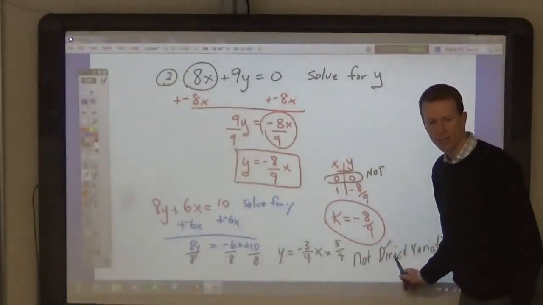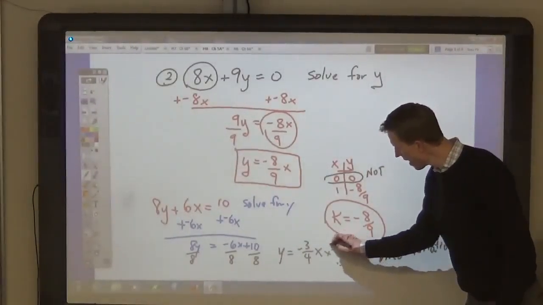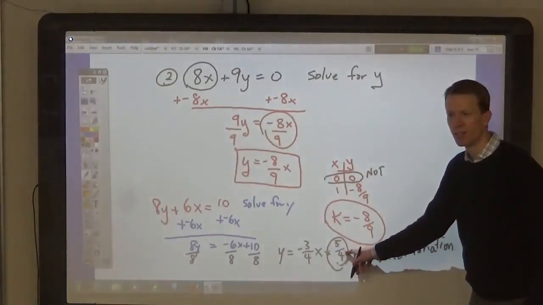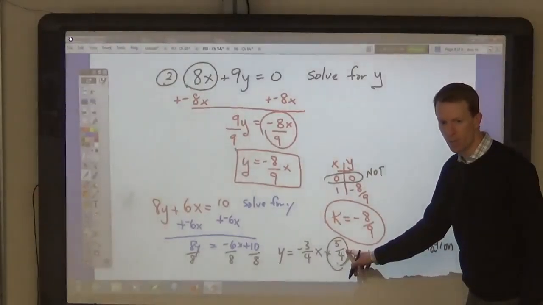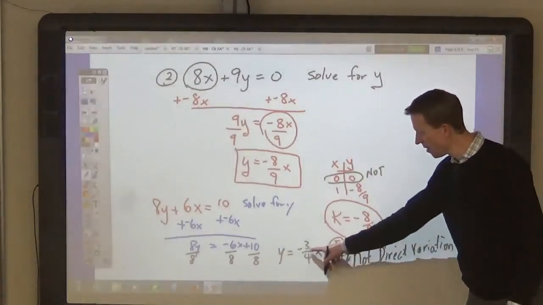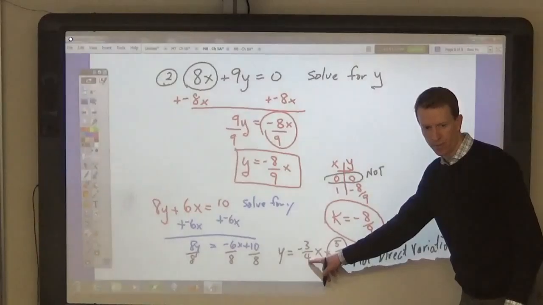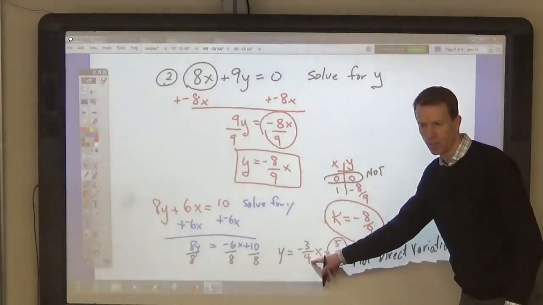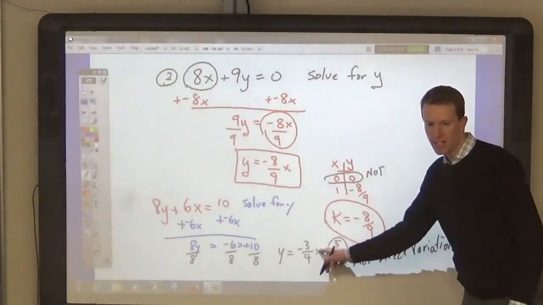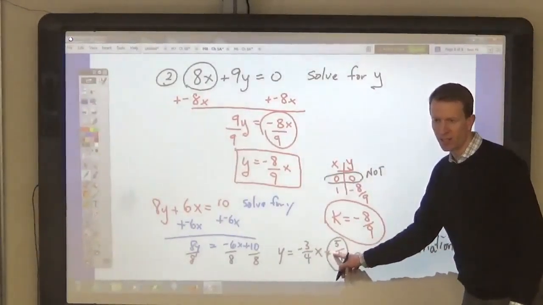This is not direct variation, mainly because it has this number on the other side of the coefficient of the x term. When it has this number, it's not going to equal 0, so this is not going to be true.